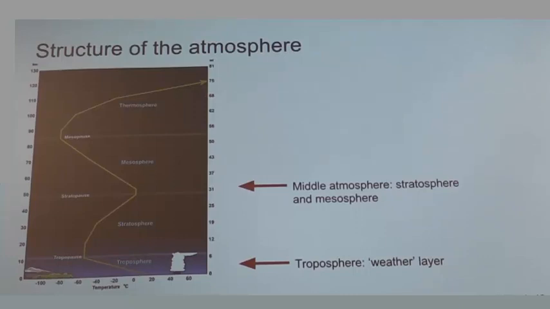I'm not sure how much changes in the magnetic dipole of the Earth affects climate, but I don't think it's negligible compared to what we're talking about here within the troposphere and stratosphere.